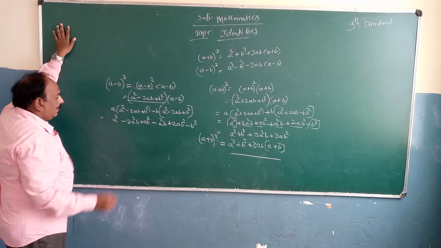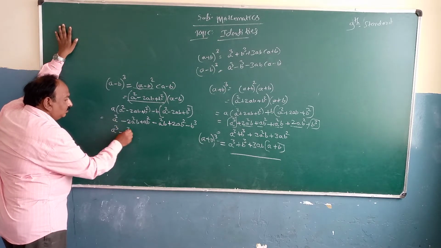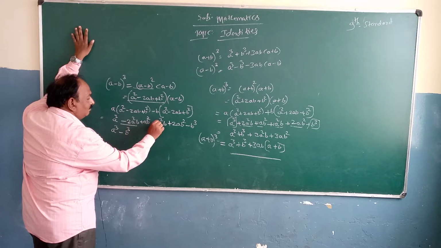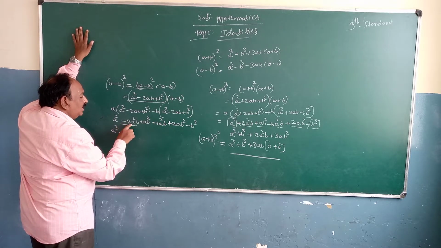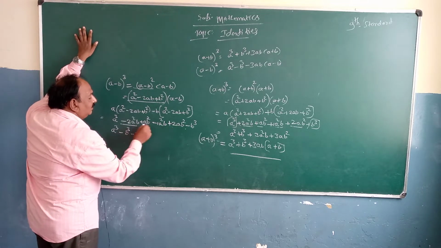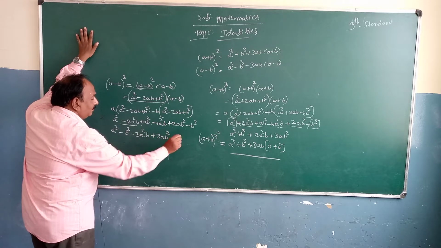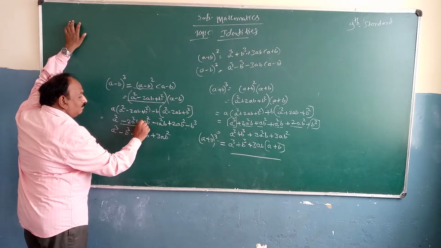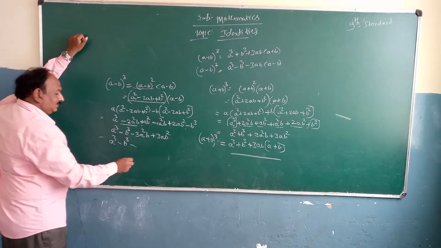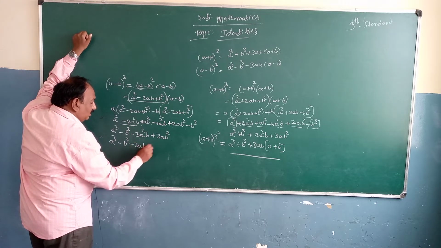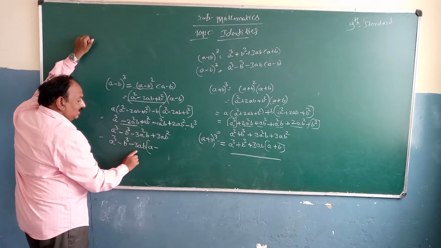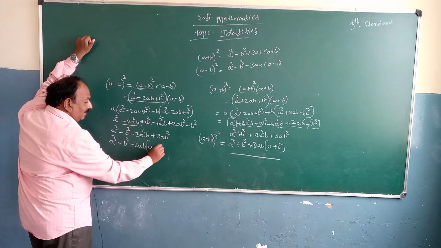Minus a square b, a cube minus b cube. Minus 2a square b minus 1a square b, minus 3a square b. 2ab square plus 1ab square, 3ab square. a cube minus b cube minus 3ab is the common factor, 3 outside, a outside, b square, b is remaining.